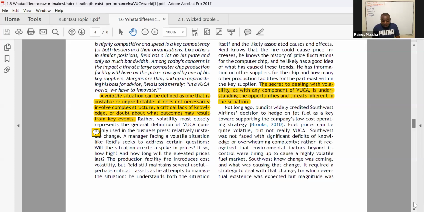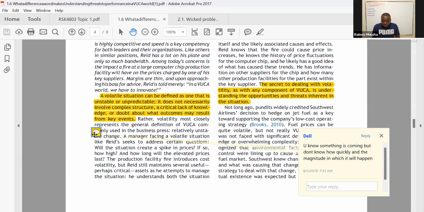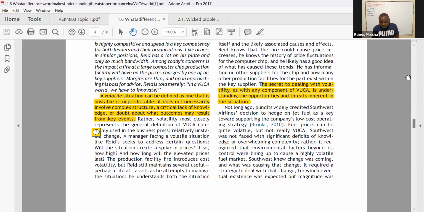So which means in this case, when you look at a situation that is volatile, we can simply say, you know something is coming, but you don't know how quickly and the magnitude in which it will happen. So that's when we describe a situation which is deemed to be volatile.